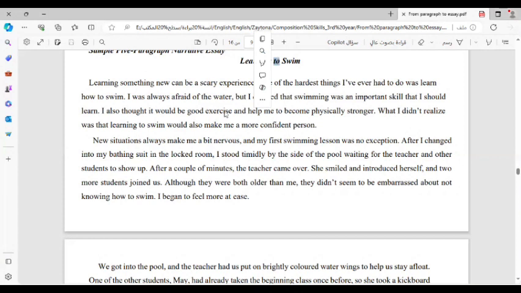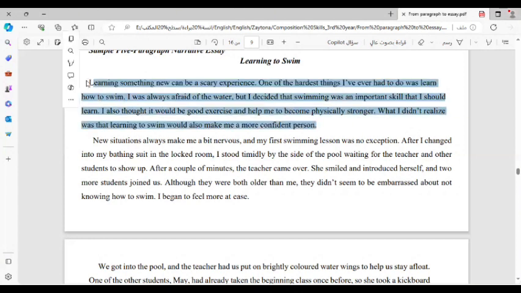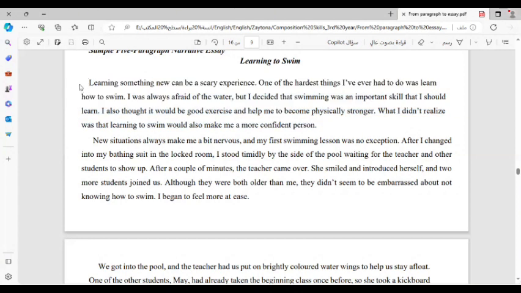Concerning the introduction, as you see here before learning, we have indentation, and we begin with general information or general detail before going to the specific details.